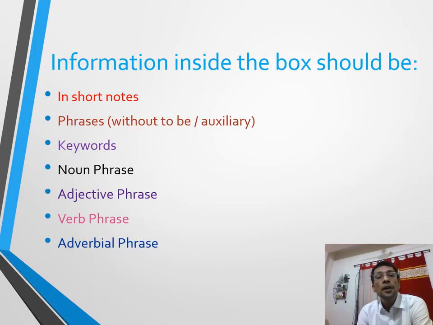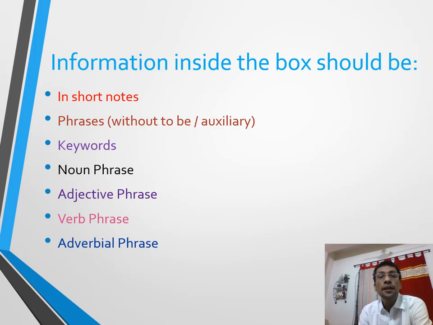Let us have a look at the information first that should be included inside the box of the flowchart. The information that you must put inside the box will have to follow certain rules, grammatical rules, of course. Let's take a look at them one by one. First, it should be written in short notes. That is, it will have to be keywords or phrases, of course not clauses, and it must be written without be verbs or auxiliary verbs.